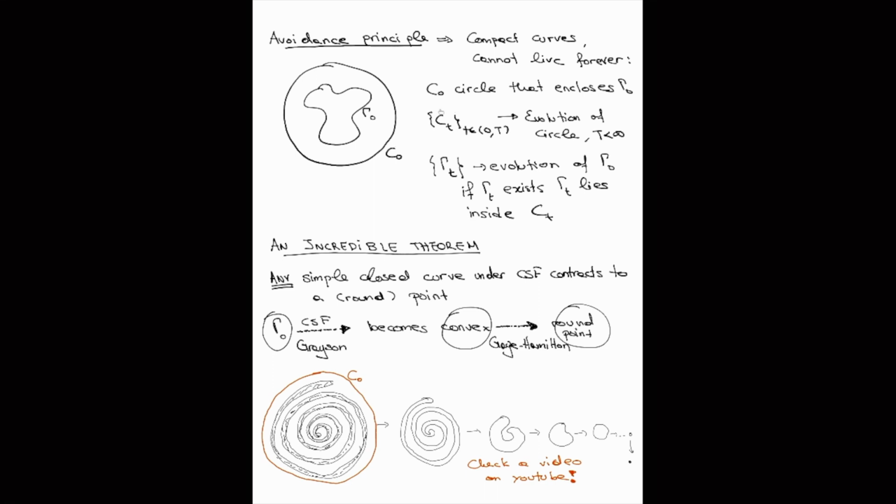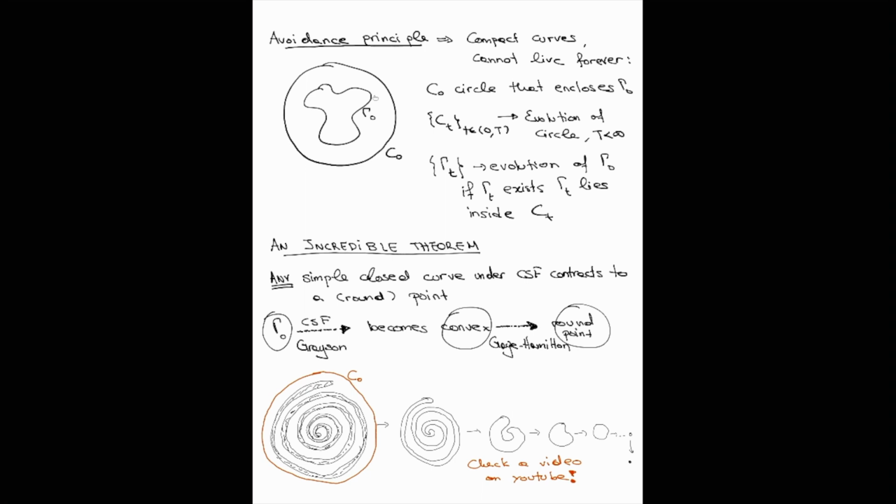Since these two are always disjoint, this means that this curve gamma 0 cannot live forever under curve shortening flow. Something should happen to this curve before the circle disappears. What can happen to the curve? Either it also disappears at a point, or maybe at some point the curvature goes to infinity.